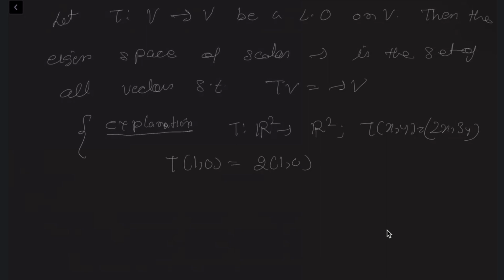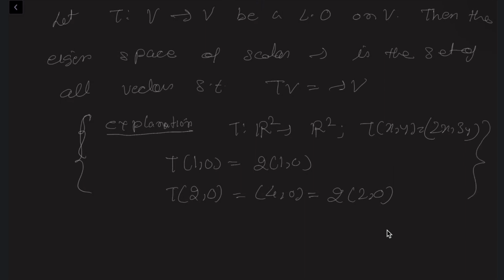Fine, but actually I can also write that T of 2 comma 0 is 4 comma 0, and this I can write as 2 times 2 comma 0. It means corresponding to 2, 2 comma 0 is also an eigenvector. Similarly, 3 comma 0 is also an eigenvector. So what does it mean?